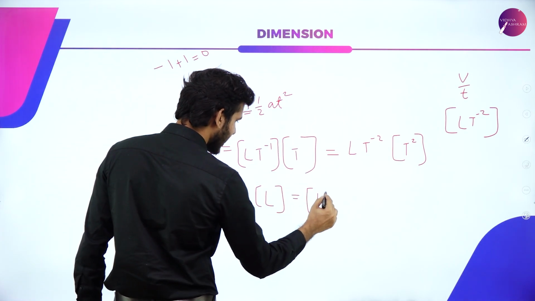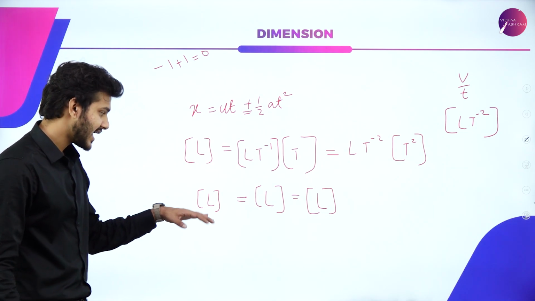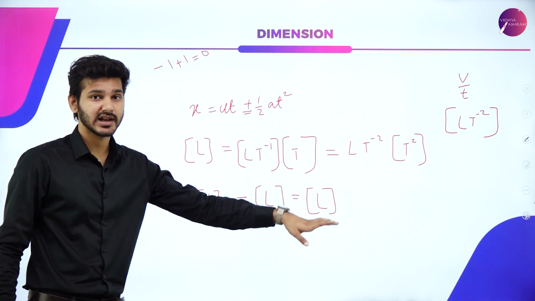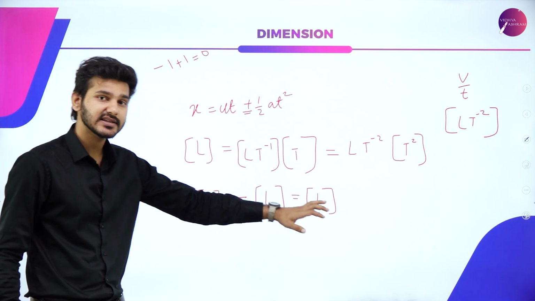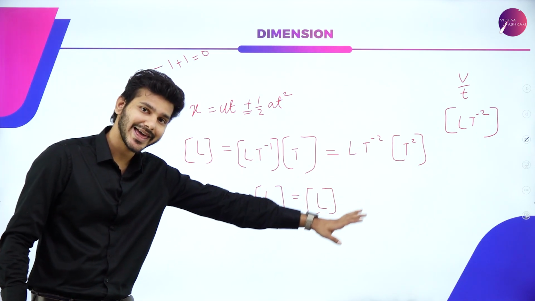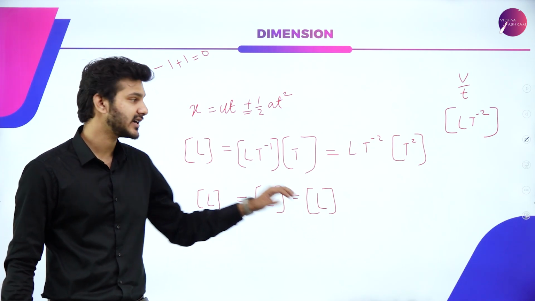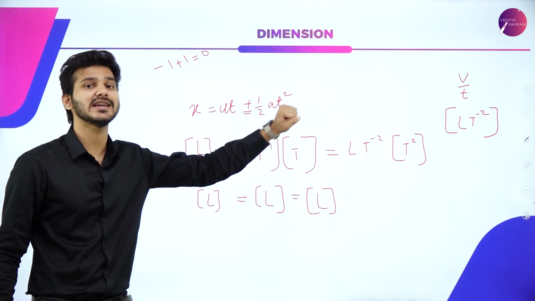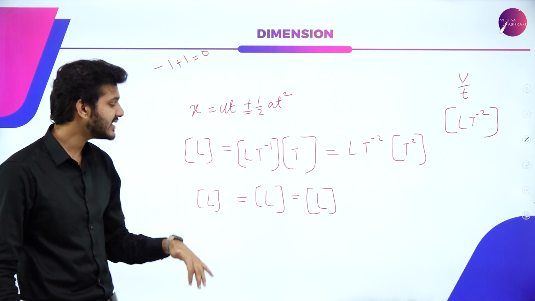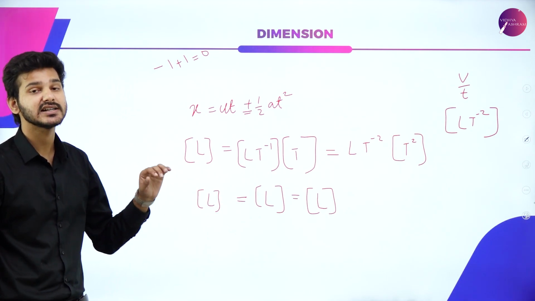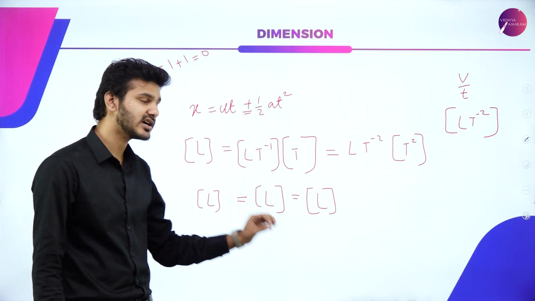So we can write L. So we can say that L is equal to L is equal to L. That is, dimensionally, this equation only has length terms in them. So we can say that this particular equation, that is ut plus half at square equal to displacement, is dimensionally consistent. That is, there is no inconsistency.